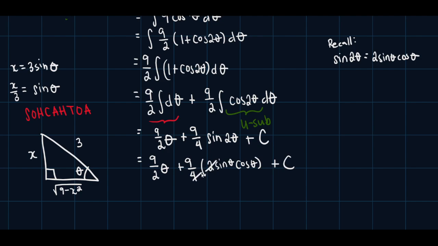Simplify. So, we have 9 halves theta plus 9 halves sine theta cosine theta plus C. Okay, and then we just simply write sine theta, cosine theta in terms of x.